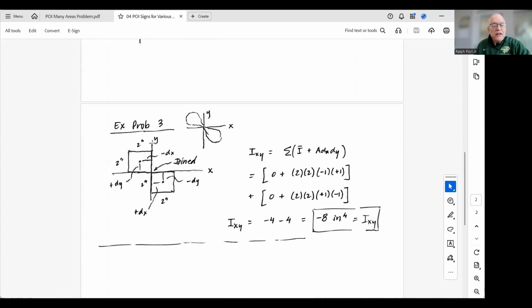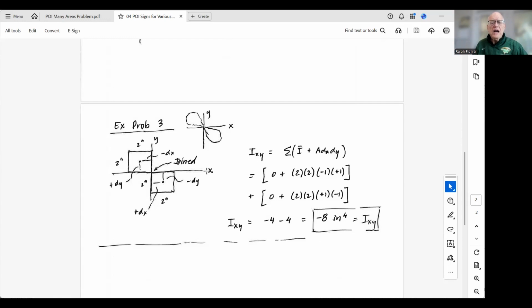And then, of course, an area that's symmetrical about the y or symmetrical about the x will have a 0 IXY. So remember, IXY is used in our moment of inertia transformation equations, and it's kind of a measure of the skew of our area from its principal orientations to non-principal orientations.